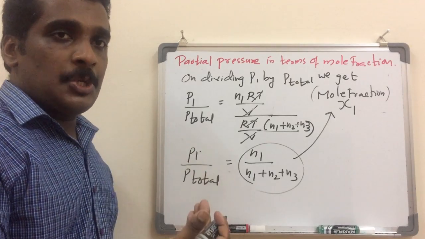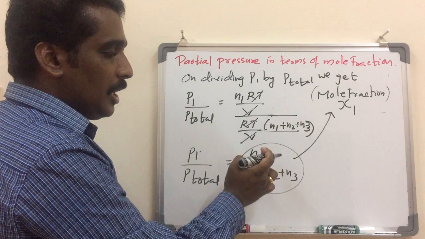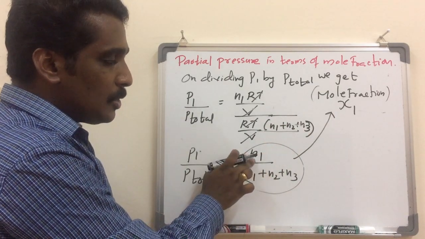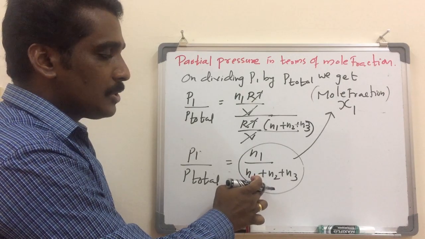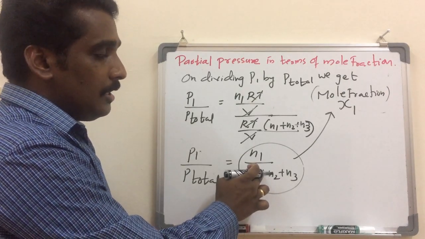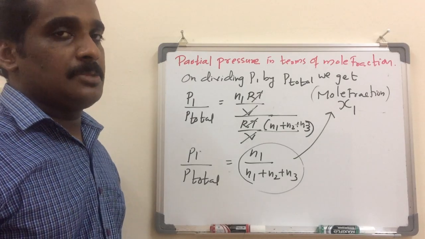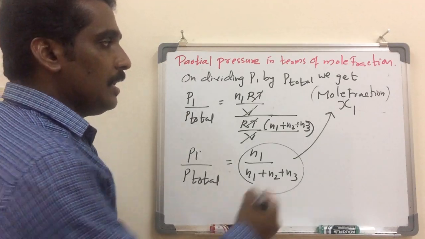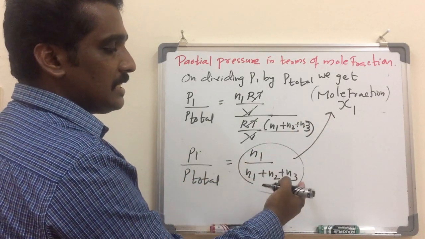What is the definition of mole fraction? Mole fraction is the ratio of the number of moles of a particular component to the total number of moles of all the components of that gaseous mixture. So X1 equals N1 by N1 plus N2 plus N3.